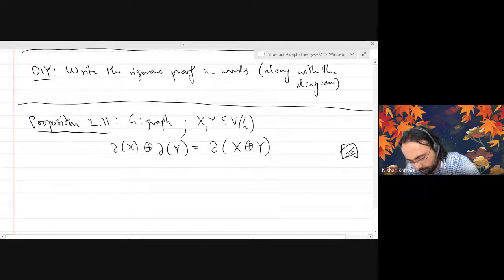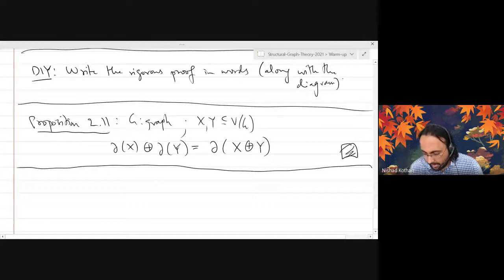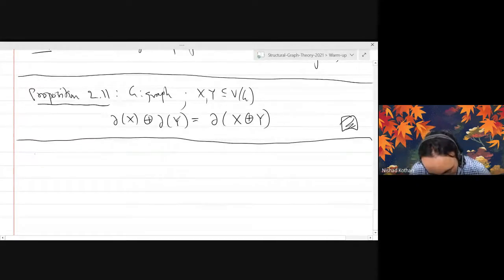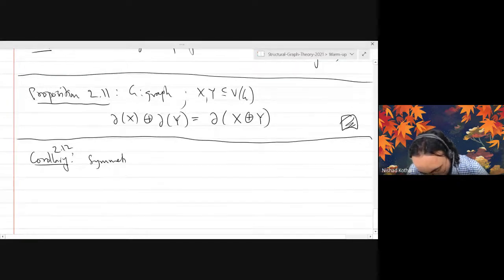We just proved that. And the corollary 2.12 that follows is that the symmetric difference of any 2 cuts is a cut.